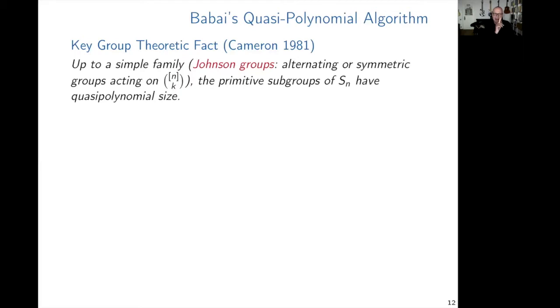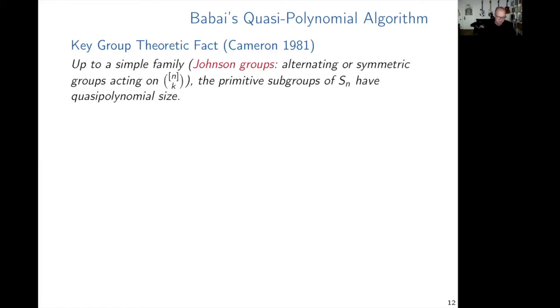Okay, and if we're in a group of quasi-polynomial size, we can usually just use brute force to compute all elements of the group, and then everything becomes easy. Okay, so all we need to do is deal with these groups, and that's difficult enough.